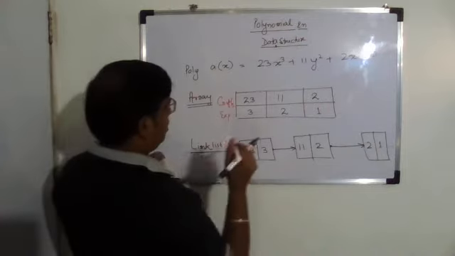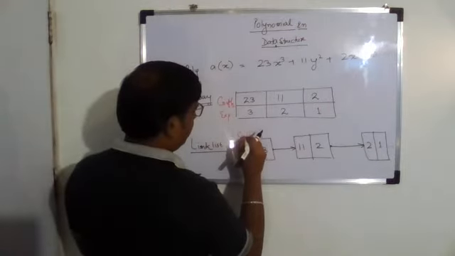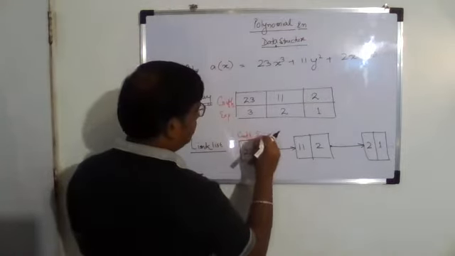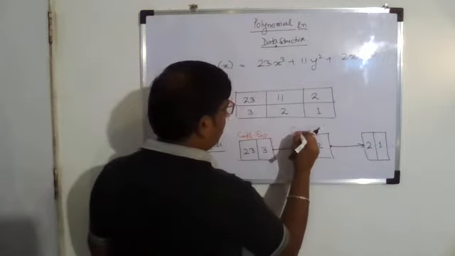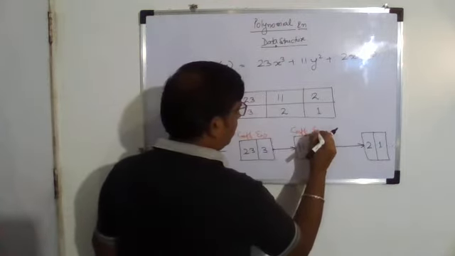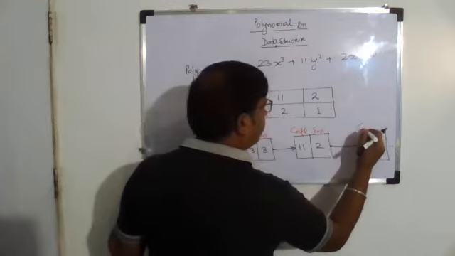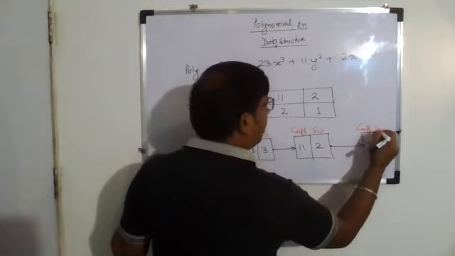And here, as we have written earlier, we can represent a coefficient, an exponent, a coefficient, an exponent, a coefficient and an exponent.